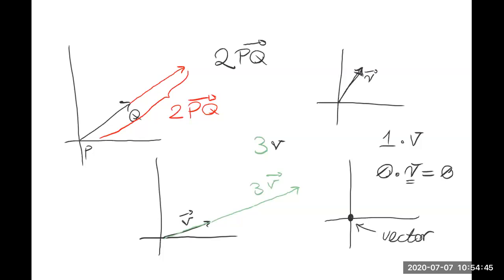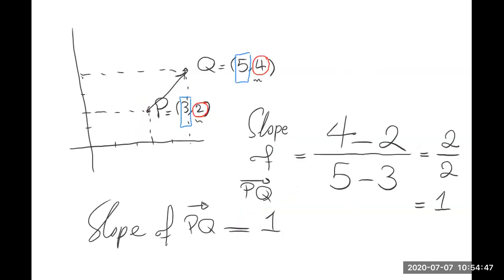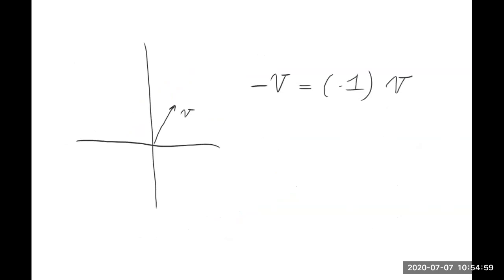And one more interesting case is when we are multiplying a vector by a negative number. If we have a vector V here, minus V, which is -1 times V, is a vector with the same length in the opposite direction.